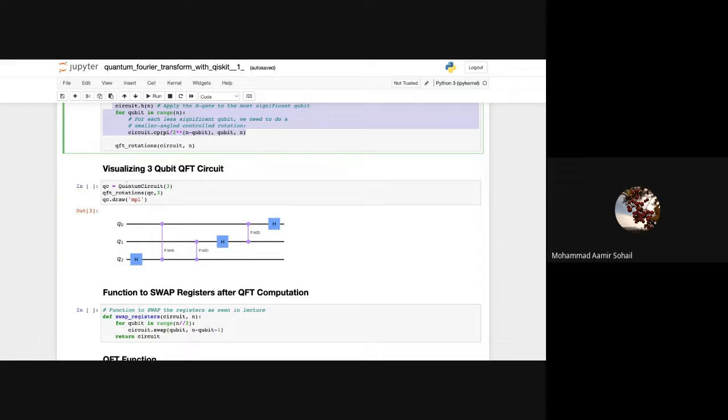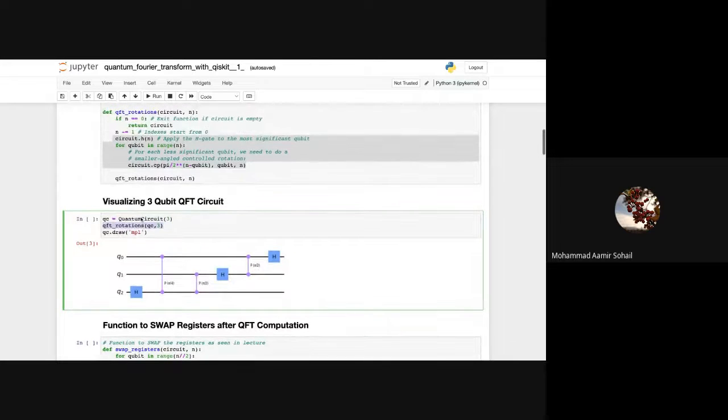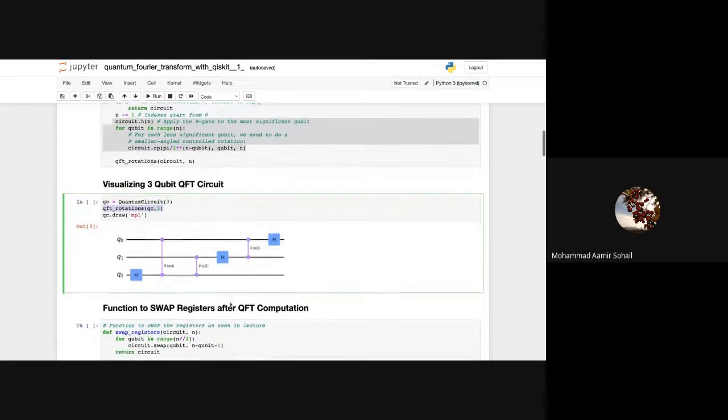So this is what we are doing here. We created a quantum circuit with 3 qubits, then applied the quantum Fourier transform circuit on these 3 qubits, which looks like this here. And this is what we got in the theory when we derived it. This one is pi by 2, pi by 4, and then this one is the second block, this one is the third block, and this one is the first block here.